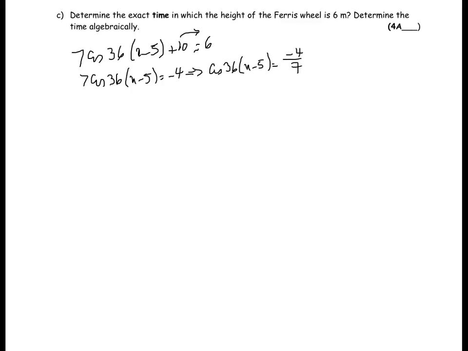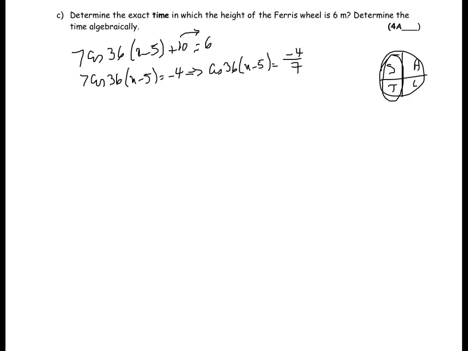Since cos is negative, because it's negative 4 over 7, by the CAST rule, we know that cos is positive in the fourth and the first quadrant. So the angle has to be in the second and the third quadrant.